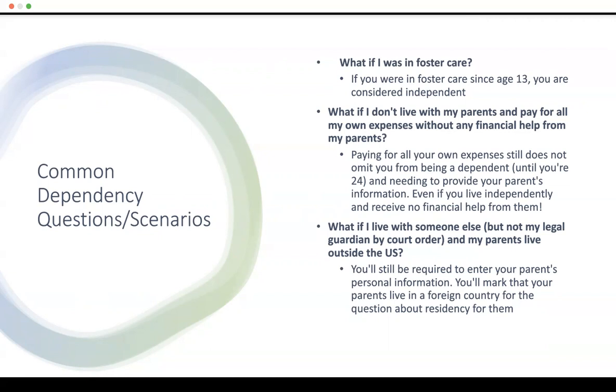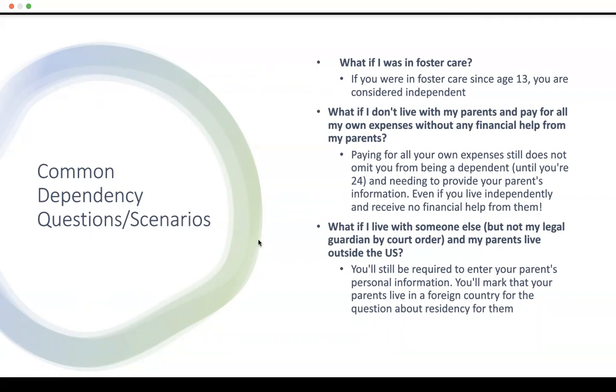So you still would need to provide your parents' information unless any of those other examples listed on the previous slide, I'm going to go back real quick, are true. So even if you live independently from them and receive no financial help from them, typically you still need to provide the parental information for the FAFSA or WASFA application.